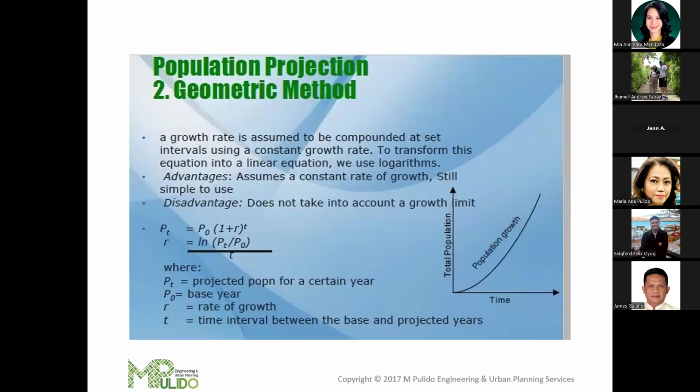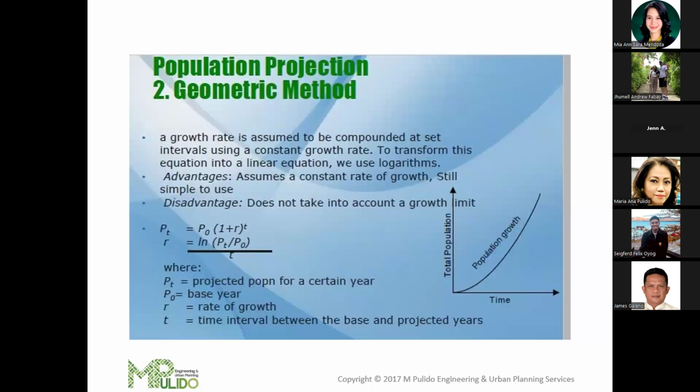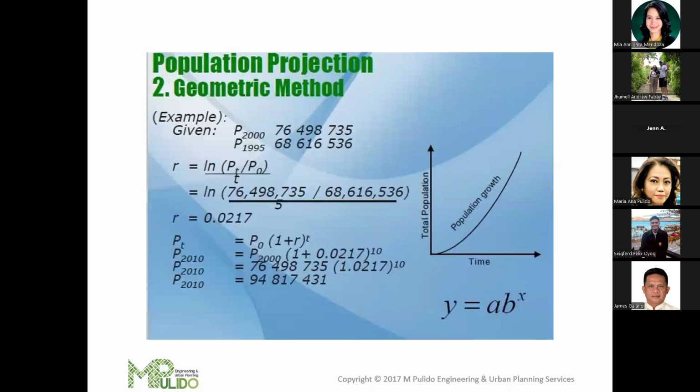Now for an example here. Do you see in the example that there are 2 points, P1995 and 2000?